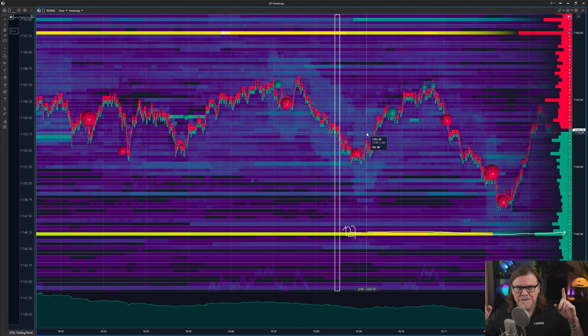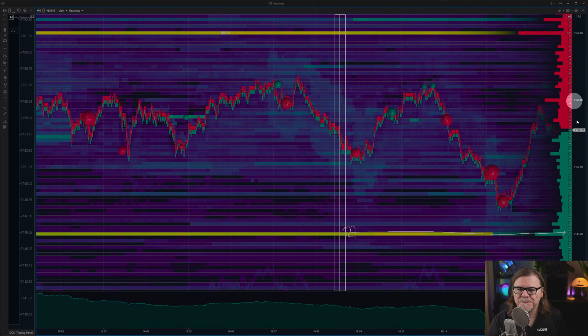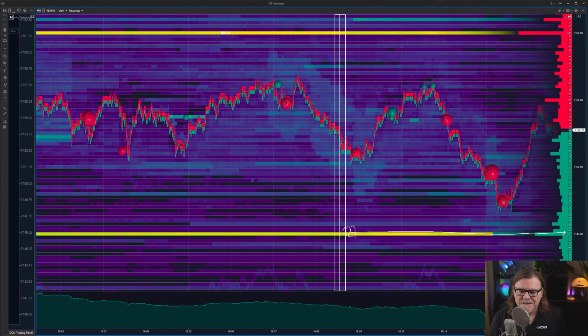But now, the genius part. ATAS creates a new slice in a fraction of a second. And it will do the same. But the numbers here on the right side, at the profile, these waiting limit orders, change all the time. You saw that before.